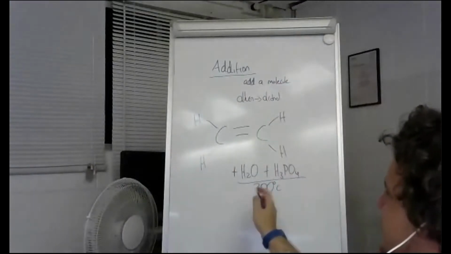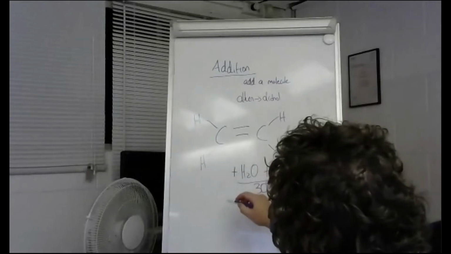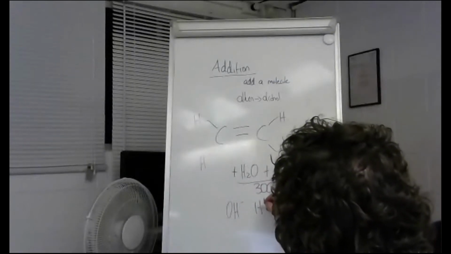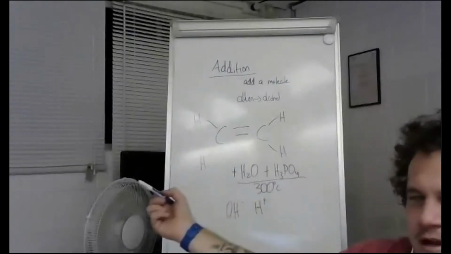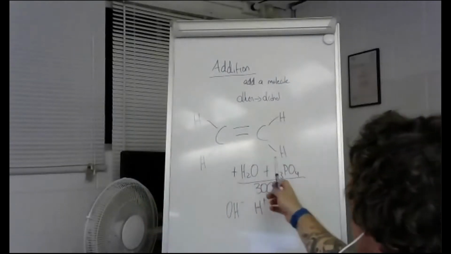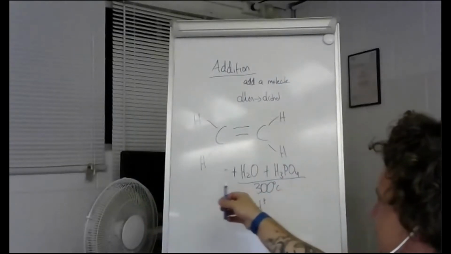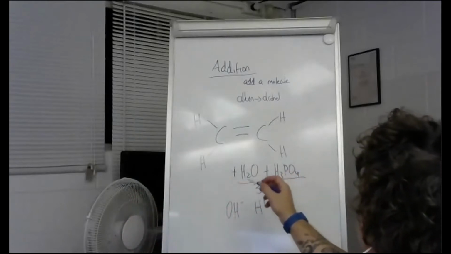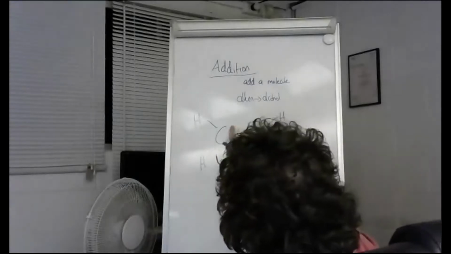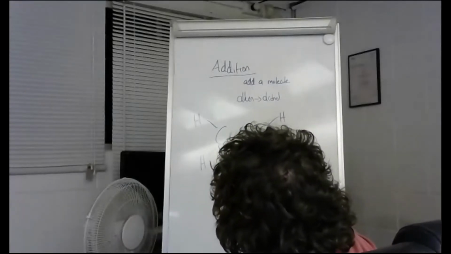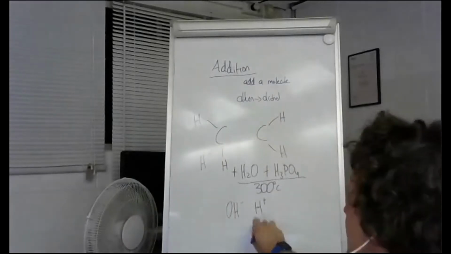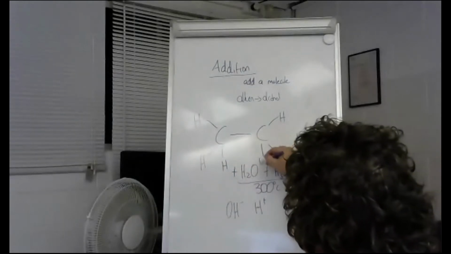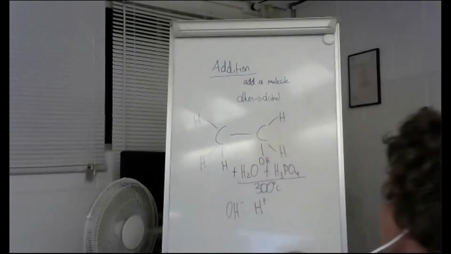So what this does is it splits the water molecule into OH minus and H plus. So we heat up the water in the presence of this H3PO4, or hydrogen phosphate, at 300 degrees Celsius. What happens is the bonds break. The H plus from the water goes here. We get a single bond forming, and then the OH is added on.